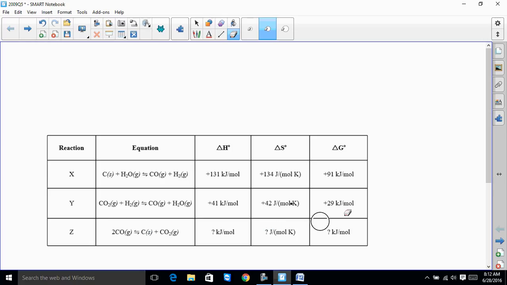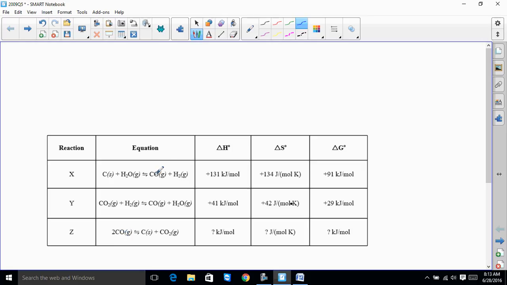All right, so when they give you information on the exam, we have to do something with X and Y to get Z, because remember Hess's law says that you can add reactions together and add their delta H's and get the correct reaction. Now, the thing that's interesting is we need to have 2 COs on the left.